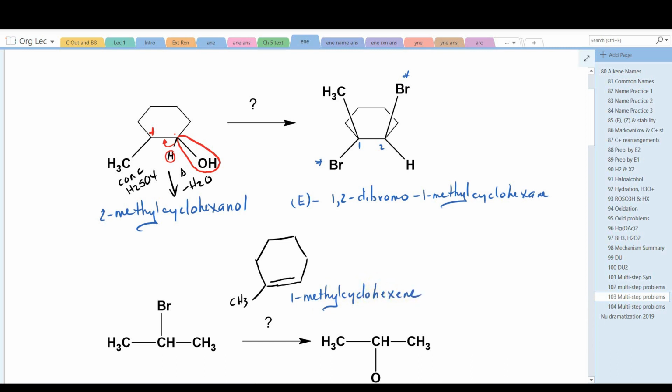And how do we convert 1-methylcyclohexene to E, 1,2-dibromo-1-methylcyclohexane? This is a trans-Vic dihalide. That is formed by bromination of an alkene using a non-aqueous solvent. Do you recall how that works? Here's our nucleophile.